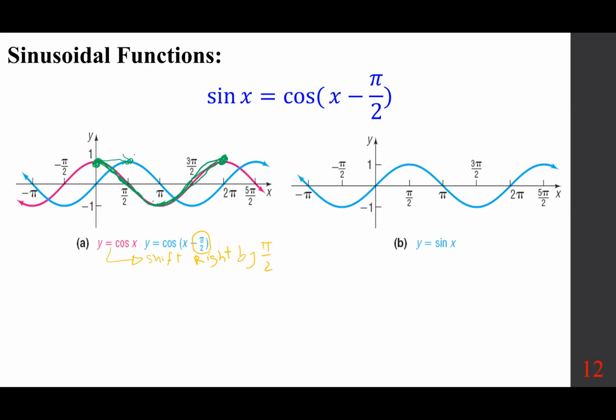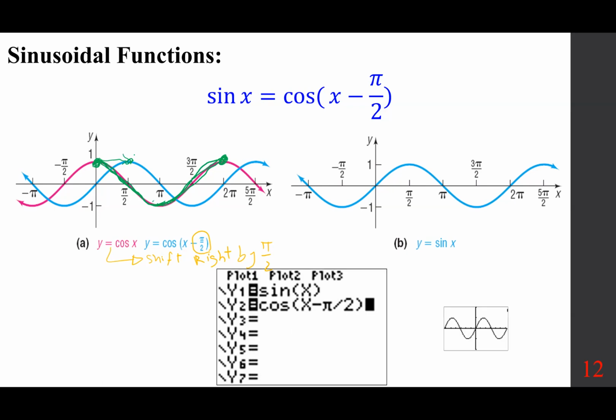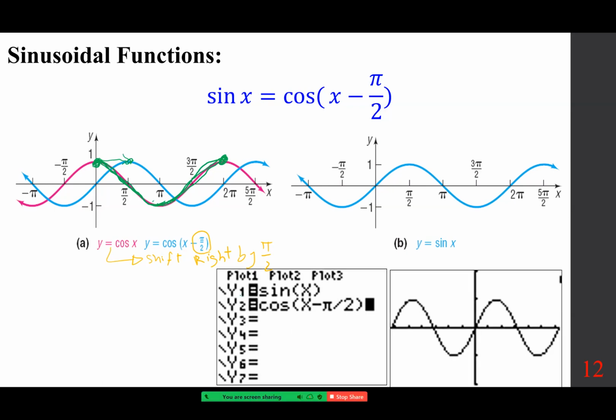So one way to look at this, if graphically we want to prove that using a graphing calculator, we can graph both functions. Take a look. We are going to graph y1 equals sine x, y sub 2 equals cosine of x minus pi over 2.